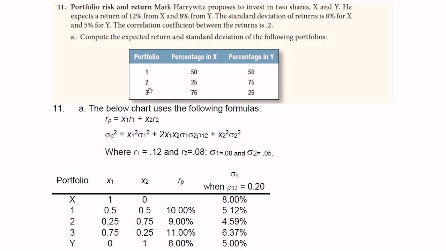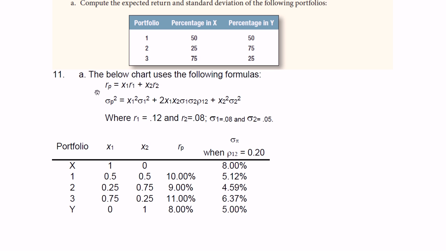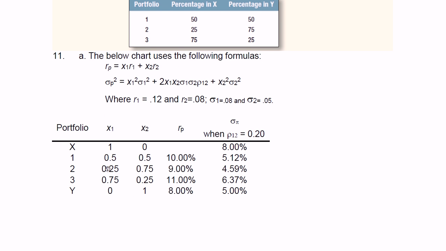There are three portfolios, each with different weights in X and Y. So we use the same formulas for the expected return and the standard deviation, and we plug in the shares, the expected return, the standard deviation, and the correlation coefficient. And we'll get the graph below.